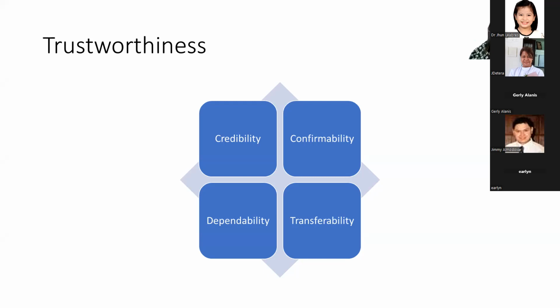Next, transferability. Can your paper be transferable in other contexts? Meaning, if sa nursing, pwede ba siya sa psych? Okay? So, that's how we establish the transferability.